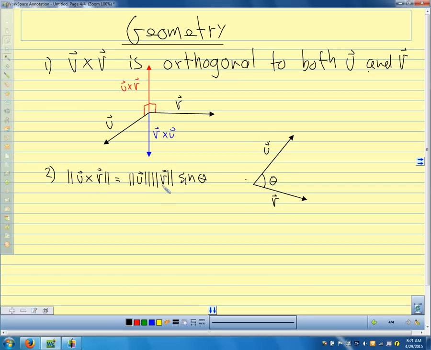So the magnitude of the cross product is the magnitude of the two vectors times the sine of the angle between them. So contrast that with the dot product. We said that U dot V is the magnitude of U times the magnitude of V times the cosine of the angle between the vectors. So the cross product gives us a relationship between the vectors and the sine of the angle between them. Dot product gives us a relationship between the vectors and the cosine of the angle between them.